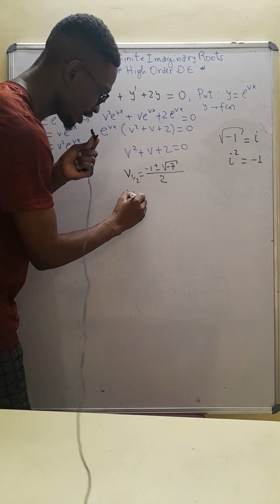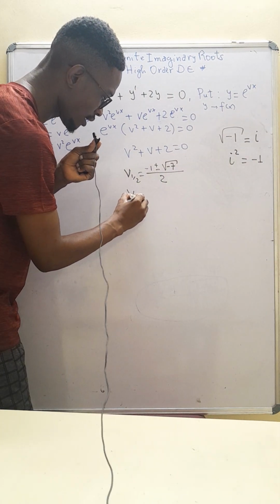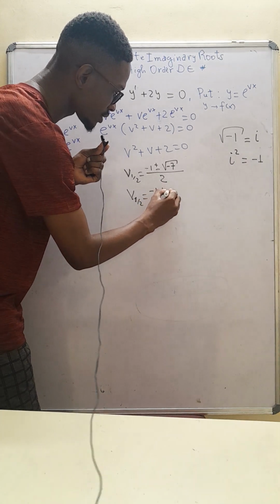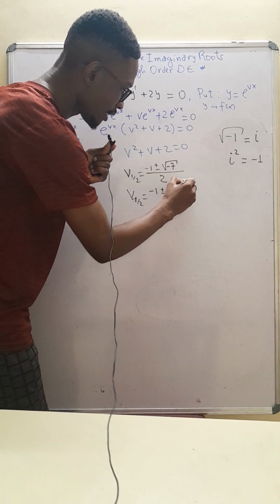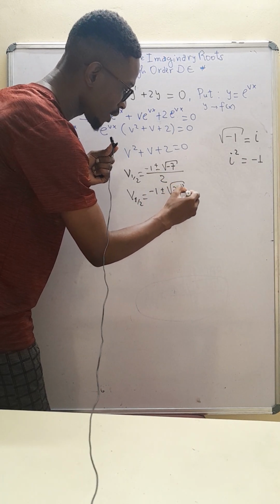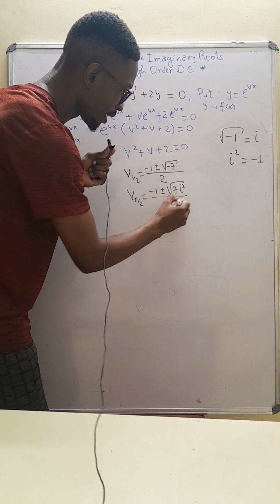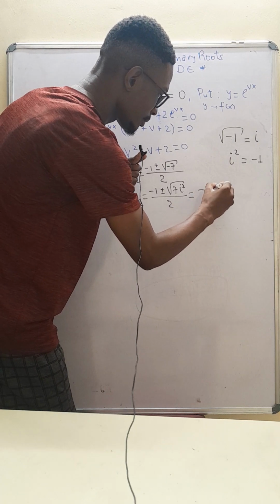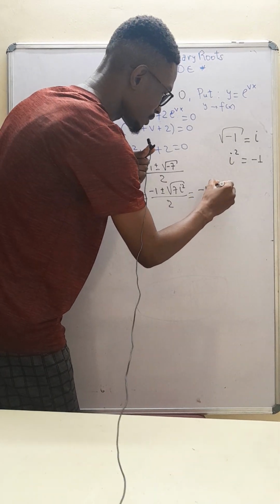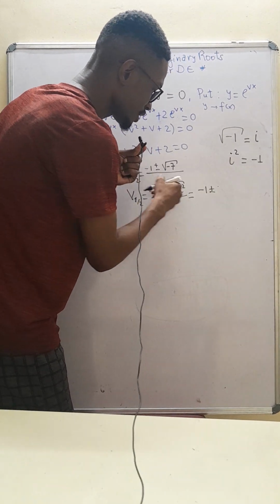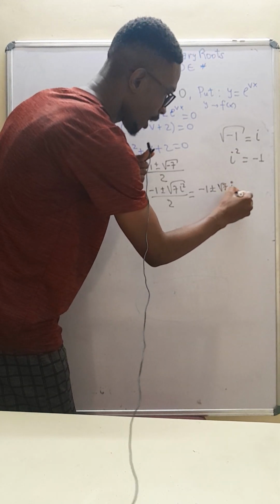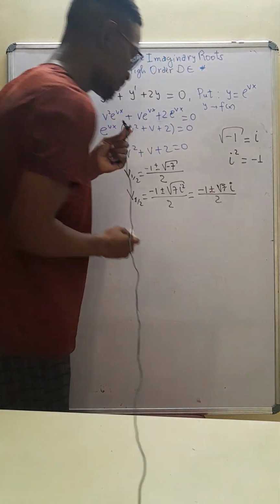So if we change here, x1 and x2 will be equal to minus 1 plus or minus root of 7 times i squared, all by 2. And this will be equal to minus 1 plus or minus; this root will be out. So root of 7 times i, all by 2.